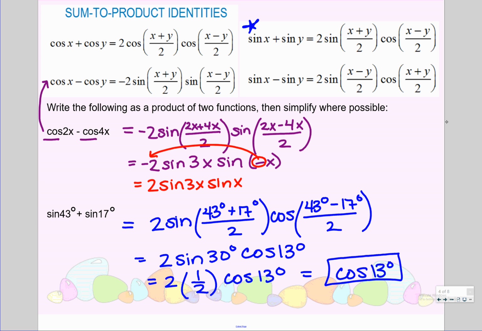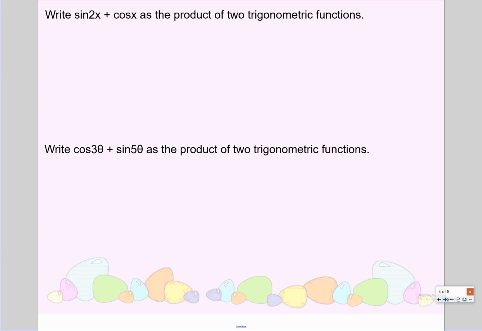Final answer. That's as far as you can go with it. Sine 30 is a half. Correct. Okay. Any questions on those? All right. Got 3 more problems. That's it. Next one, we're just going to do the one at the top here.